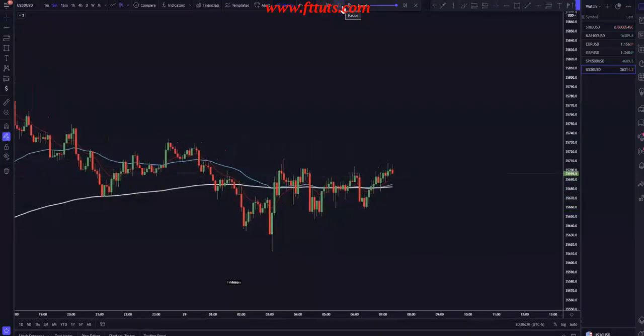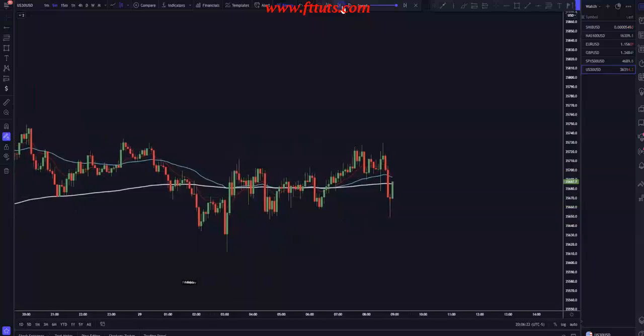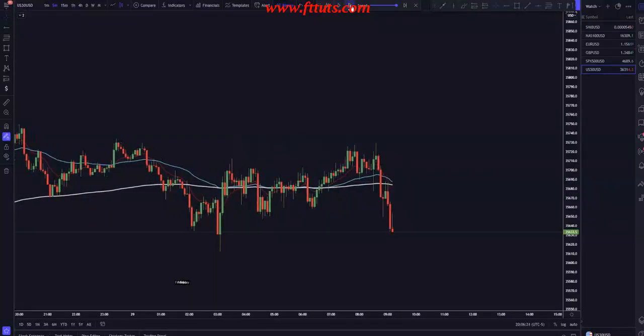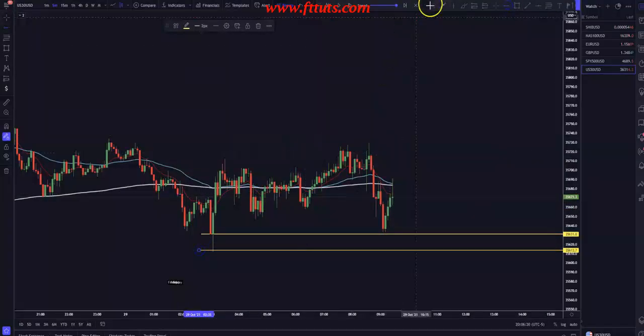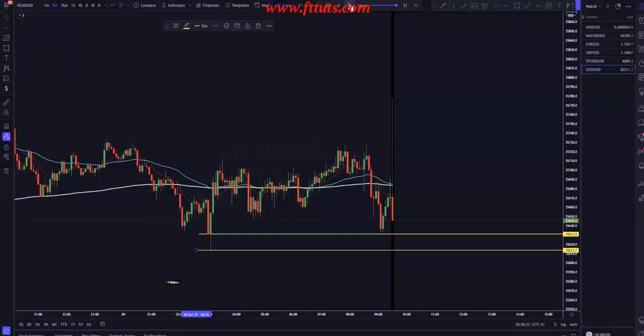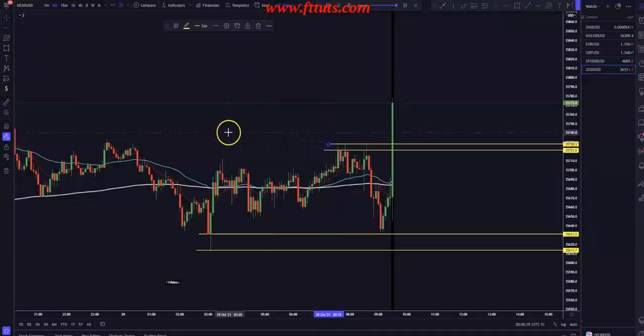Oh, this is Friday too. So I see this level right here. Something to look at. Okay, pushes up really hard. Got a swing high over here. Let's see what it does.